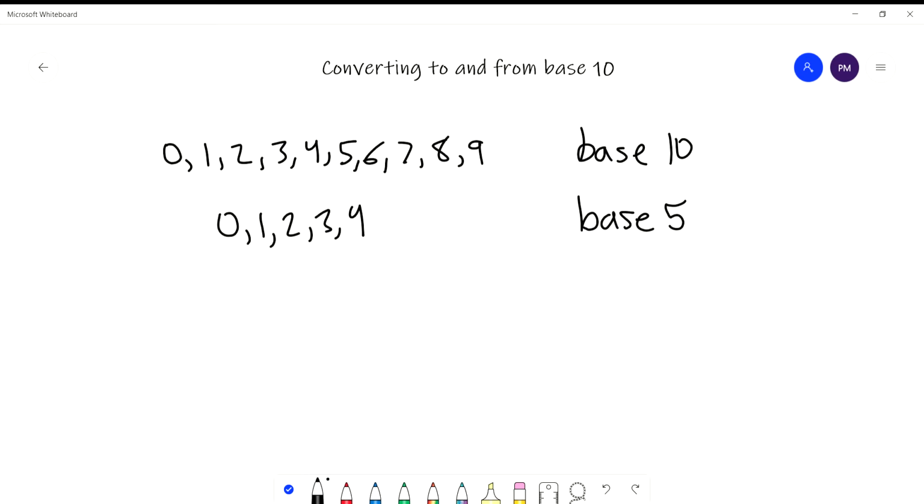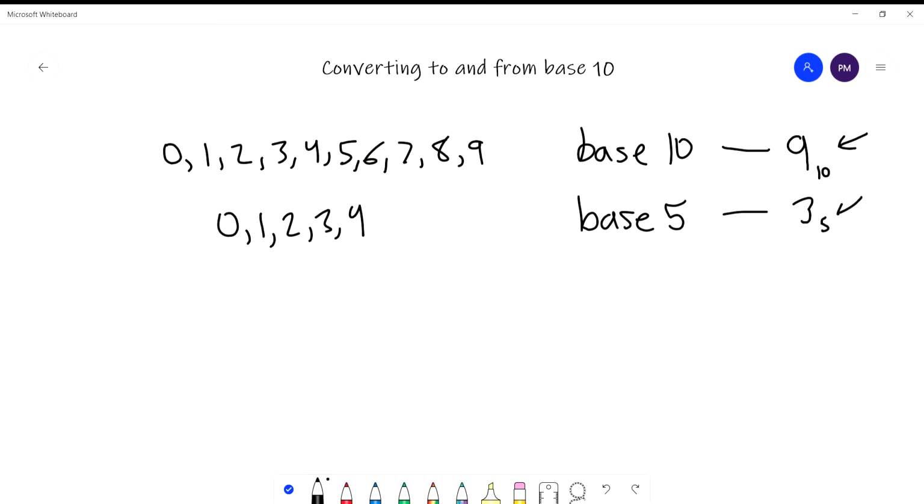So first, let's look at the notation. Here, if you want to say 9, we write it as 9 subscript 10. So this represents the 9 in base 10. And similarly, if you want to write 3 in base 5, then it's 3 subscript 5.